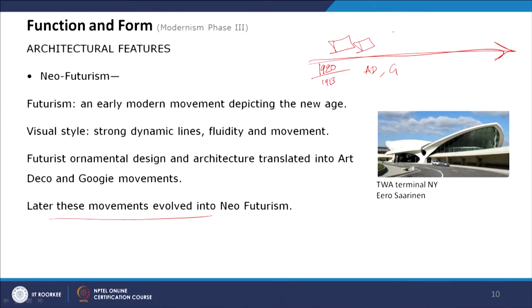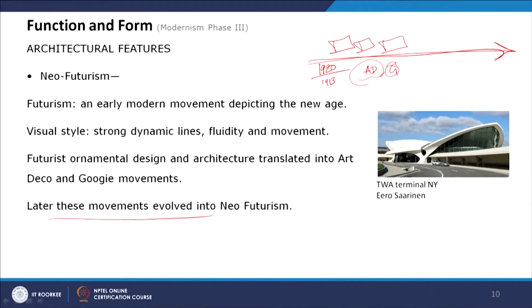There was a parallel movement going on during the modernist movement, where Bauhaus, the Chicago style and the internationalist movement were there, where the form was very simplistic and function was important. So Art Deco and the Guggenheim movement were parallel movements. Art Deco was a very predominant movement, but the Guggenheim movement was designed by only a very small number of architects.